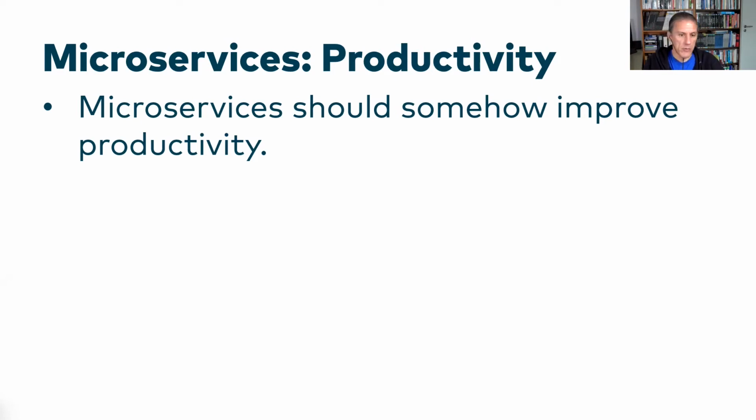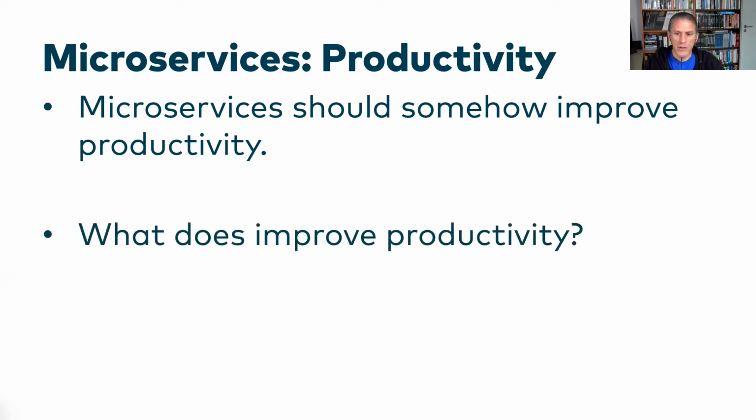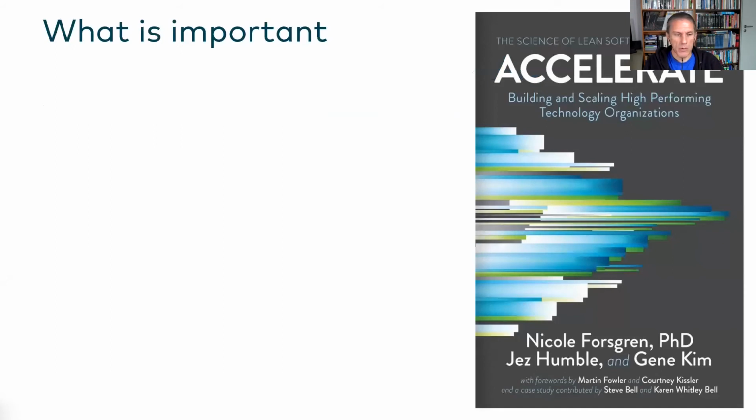And that leads to the question, what does actually improve productivity? And I already mentioned this very nice book that is called Accelerate. In that book, the authors talk a lot about some scientific studies that they did based on surveys.